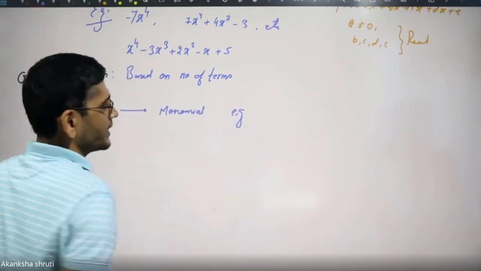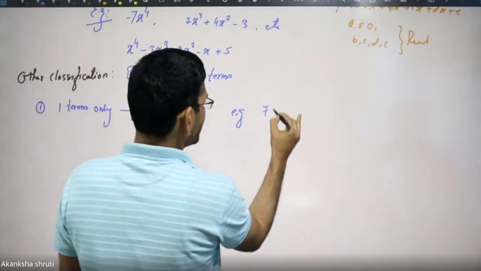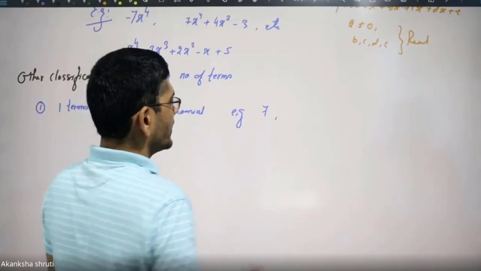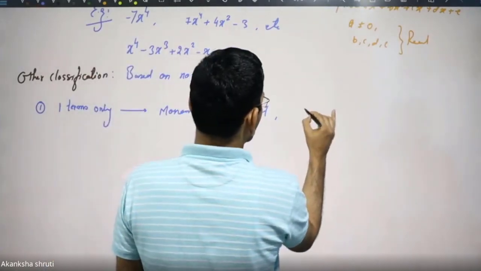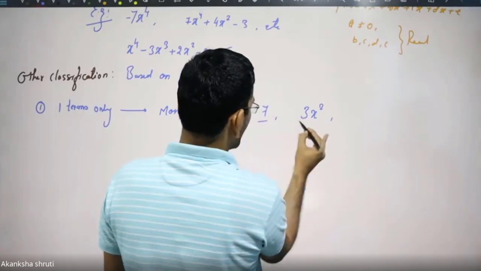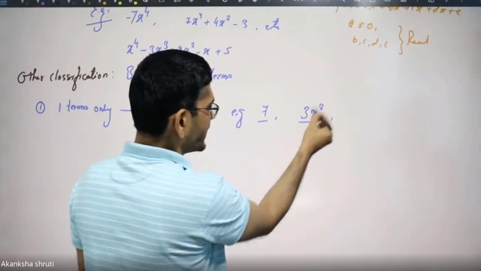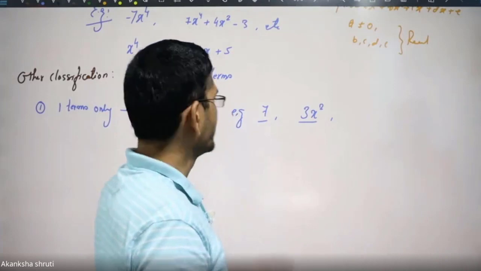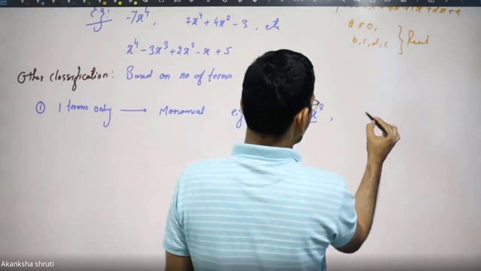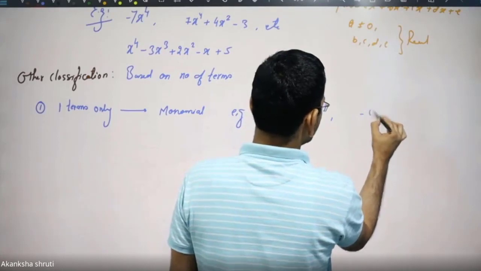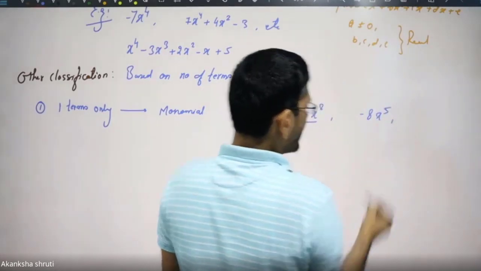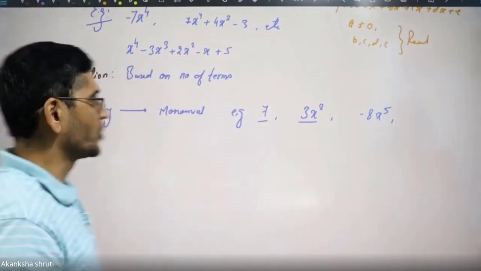Example, even if you are writing 7, it is a polynomial and acting as a monomial. If you are writing 3x square, yes, only one term, though it is quadratic, but it is a monomial. It is a real polynomial, but monomial. If you are writing minus 8x to the power 5, yes, degree 5 polynomial, but monomial.